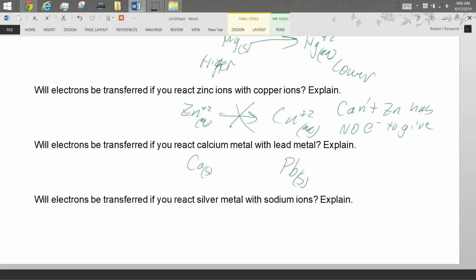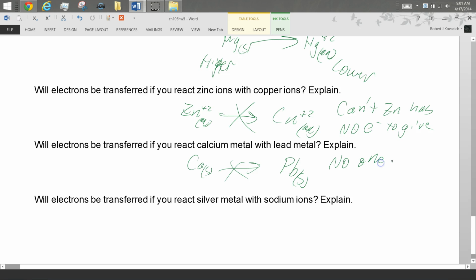The lead doesn't need any electrons, right? Since the lead has all of its electrons, it can't accept any more electrons. Metals can't become negatively charged. So if you're solid, you've got them. And so even if you would need them later on, you can't get them. So in this reaction, there's not going to be any transfer either, because no one needs electrons.